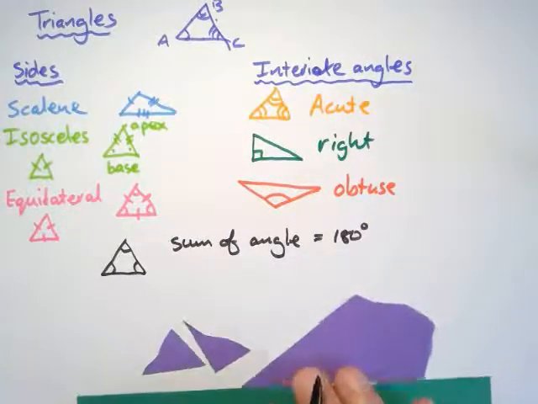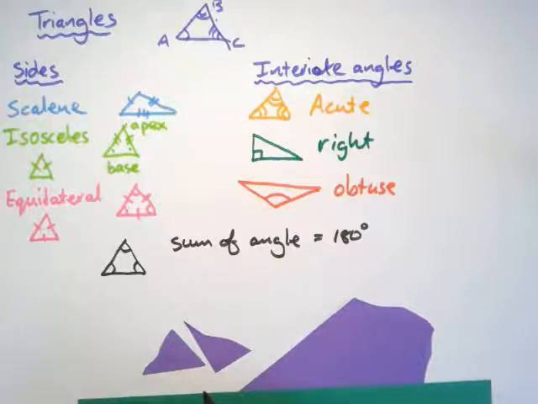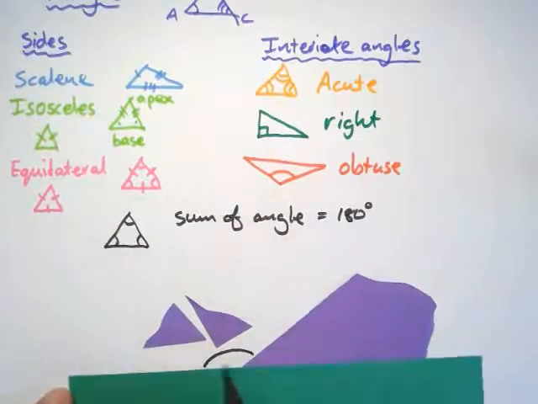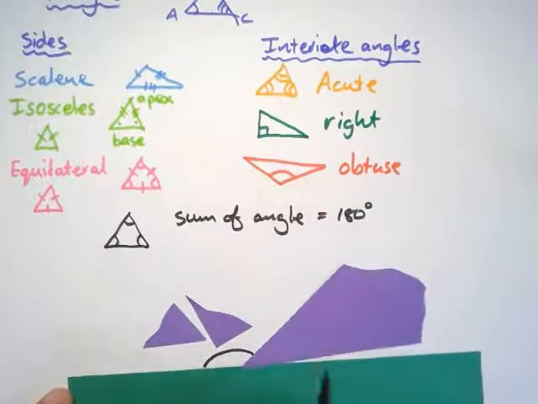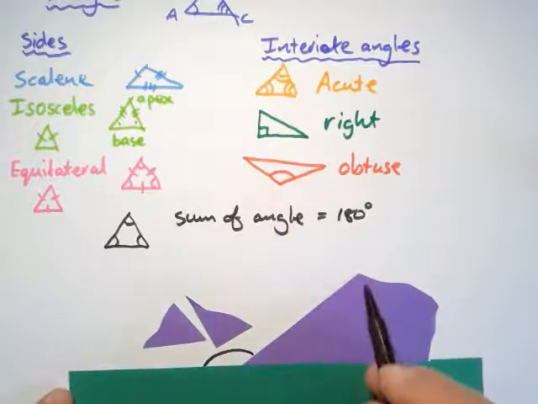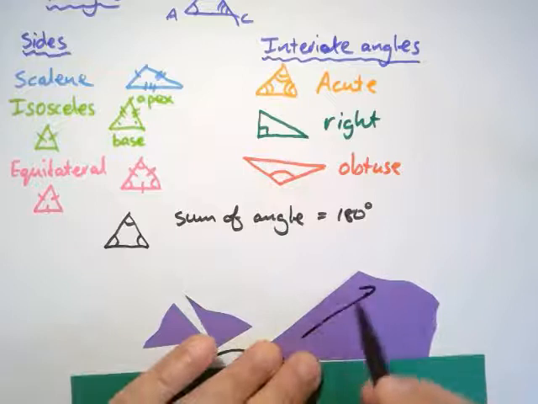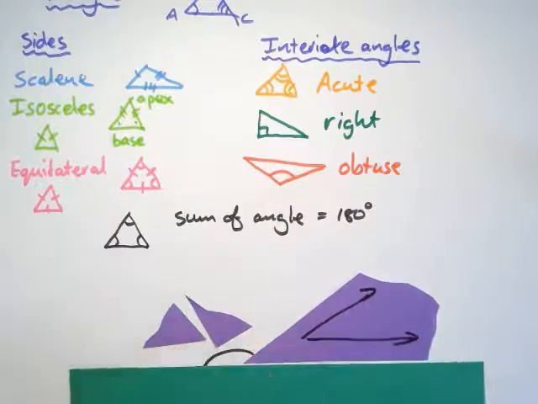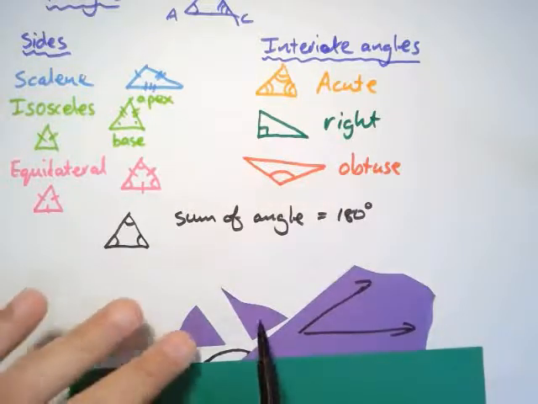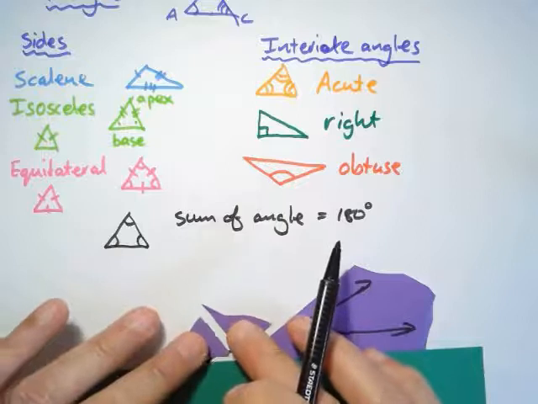If I have a straight line, then I can say the exterior angle of this triangle, just move it up, the exterior angle of a triangle on a straight line equals the sum of the two opposite interior angles, which is these two angles.